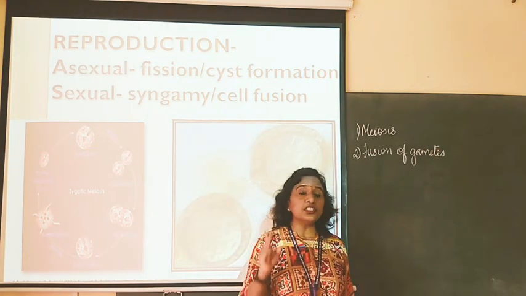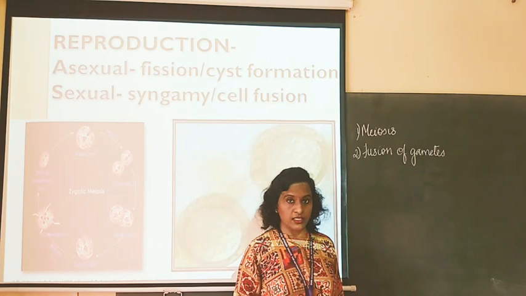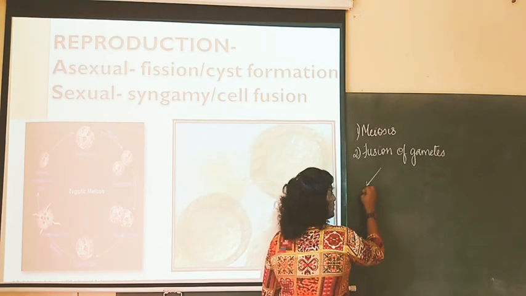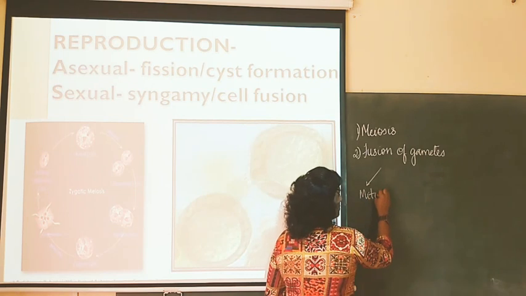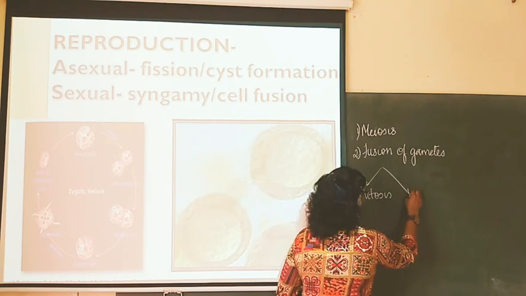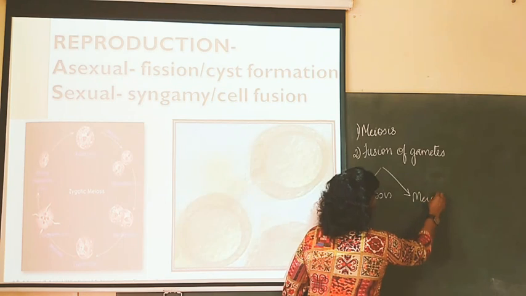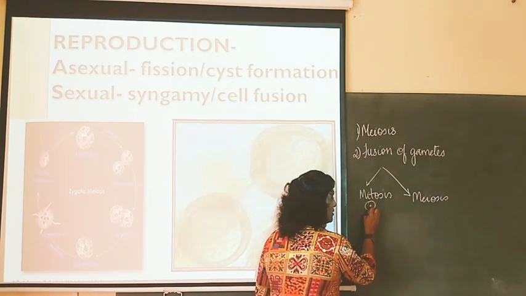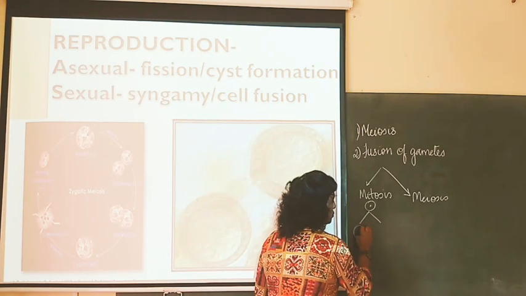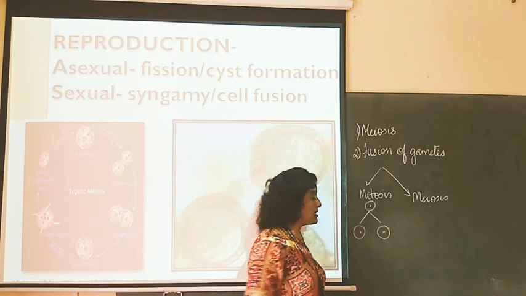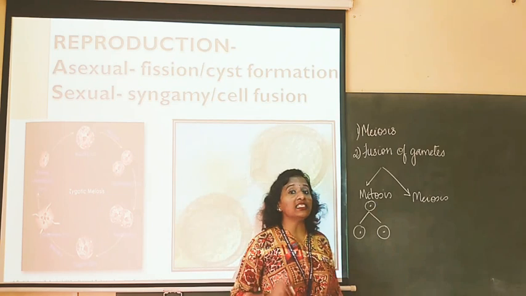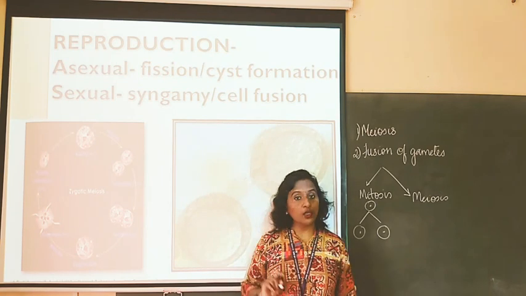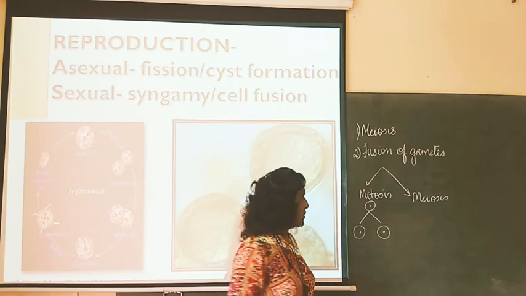There are two types of cell division that take place in any organism: mitosis and meiosis. In mitosis, one cell gets divided into two cells, and these cells are exactly similar to the parental cell, same as the clone which we had discussed.